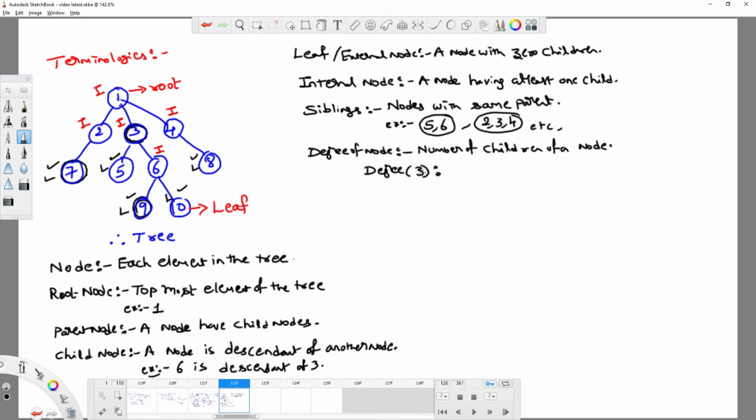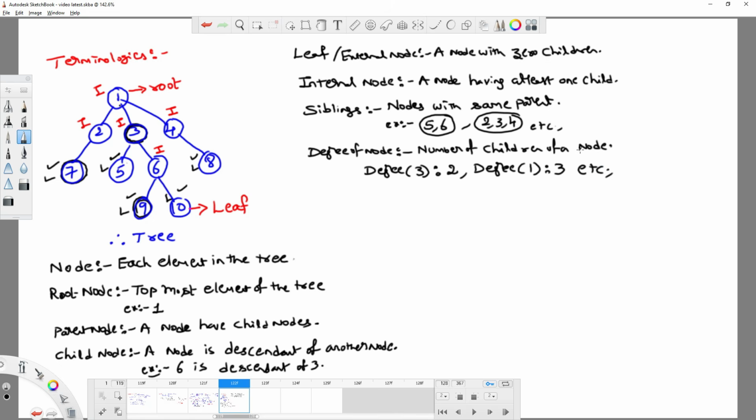Degree of node 3 is 2. Very good. How many children are there for 3? 5 comma 6. So the degree of 3 is 2. Similarly, what about the degree of 1? Very good. Degree of 1 is 3. So the total number of children of a node is called the degree of node.